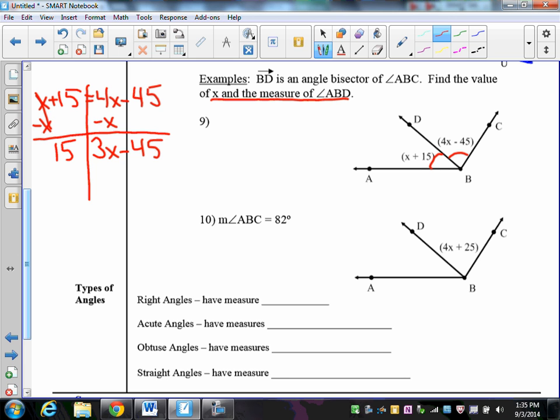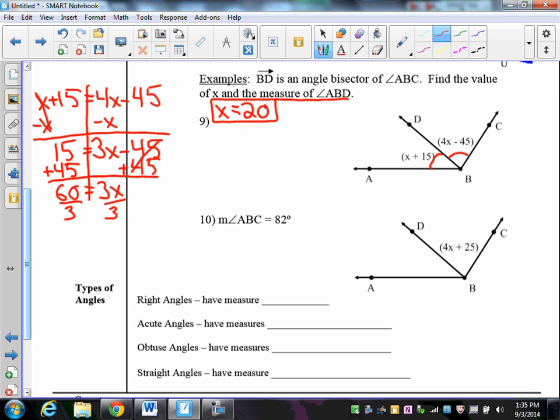And then I want to get my numbers on the same side, so I add 45 to each side. So I get 60 is equal to 3x, so the 45 goes away. And the last thing I need to do is divide by 3. Hopefully this is all review. So that means I'm going to have x is equal to 20 because 60 divided by 3 is 20. So I found x.